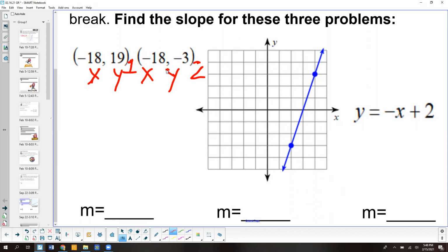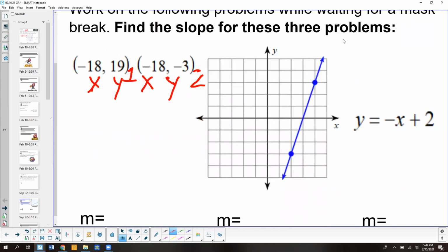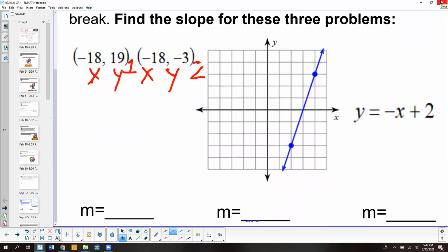All right, next, remember we have our formula: y2 minus y1 divided by x2 minus x1. So that being said, we're going to take our y2.